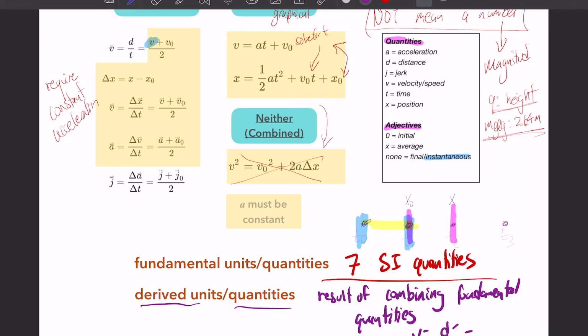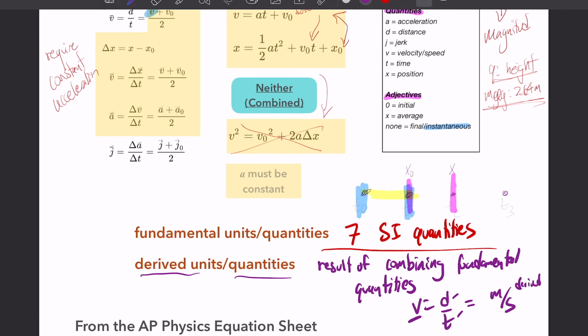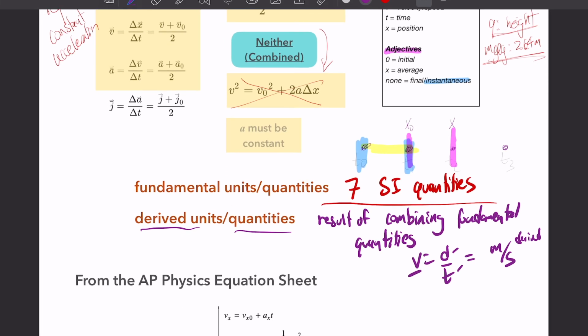So we might have units of meters per second. These would be derived units. And velocity itself would be a derived quantity. We also have situations where there's a formula like F equals ma, and the units are kilogram meters per second squared. Since we can measure mass, distance, and time, which are all fundamental quantities, using them together we can come up with a new quantity.